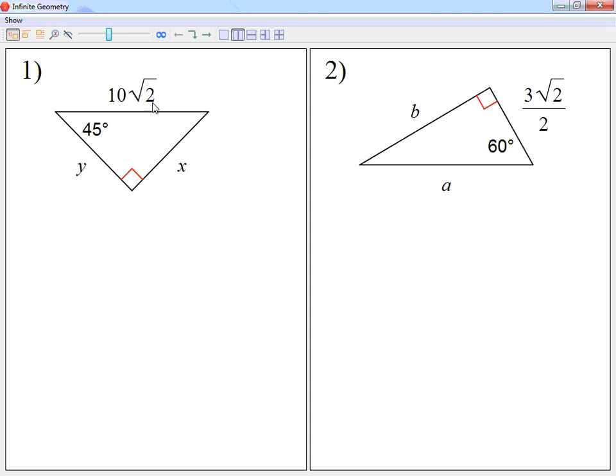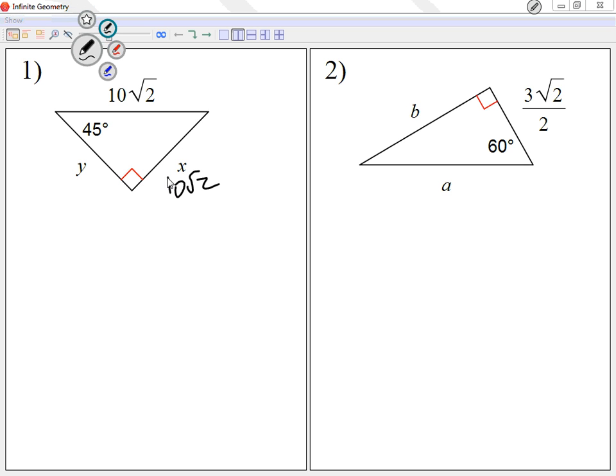Question number 1, as a reminder, I multiply by radical 2 to get to the hypotenuse. So if I'm going backwards, I will divide. But the way I would recommend you solve the questions, if I'm going to solve for x, first write the number that you have, 10 radical 2.